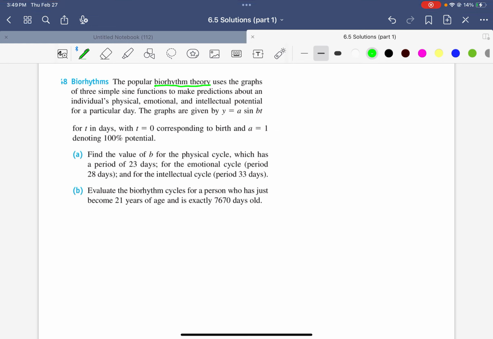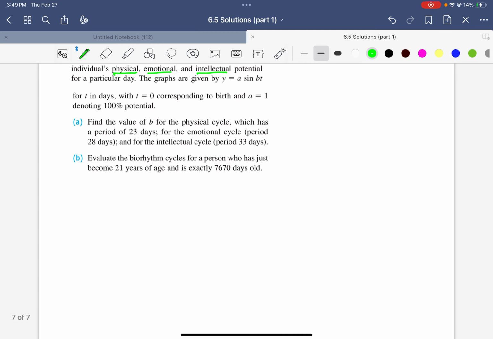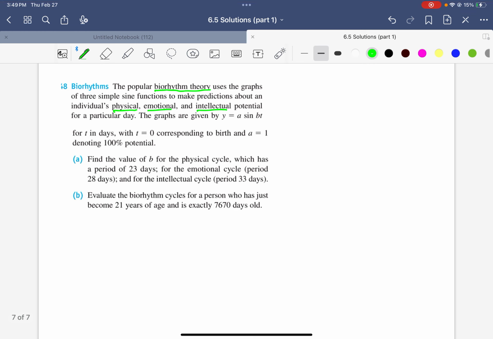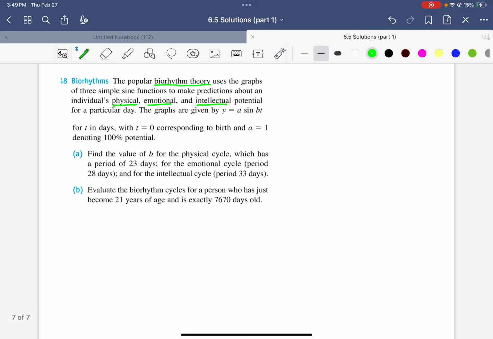Okay, it says the graphs are just A sine of BT, where T is in days, T equals 0 is birth. That's ridiculous. Okay, so find the value of B for the physical cycle, which has a period of 23 days. Okay, so we know that we have something that looks like this, and it says that has a period of 23 days.